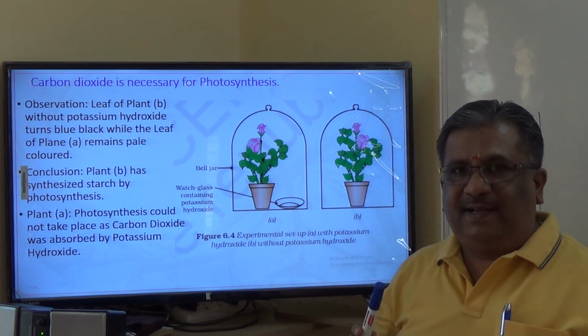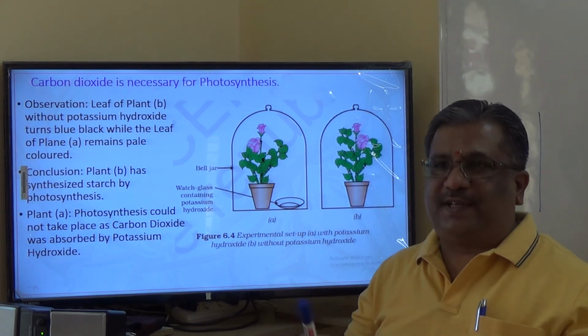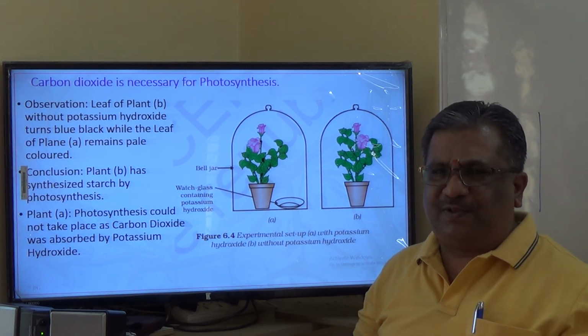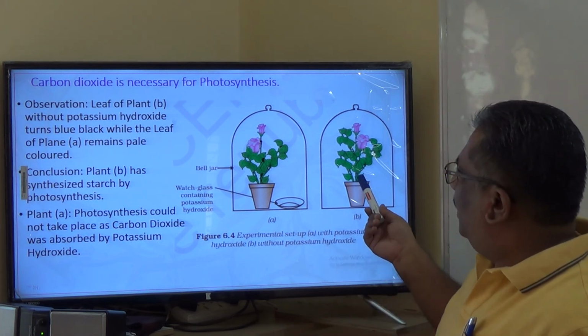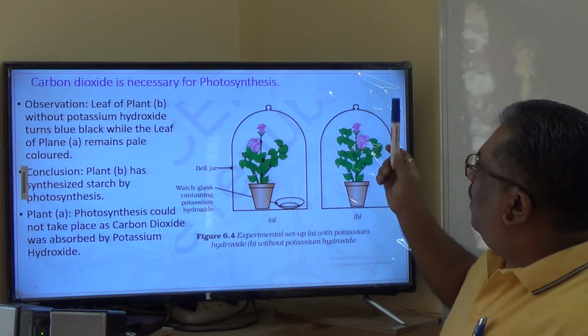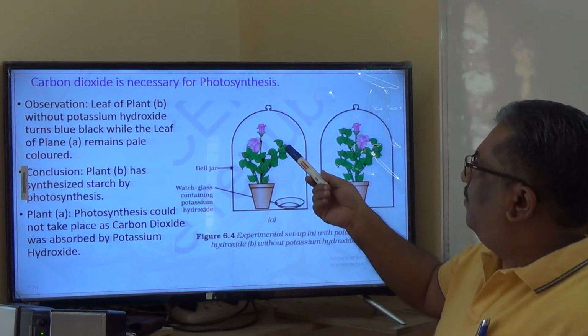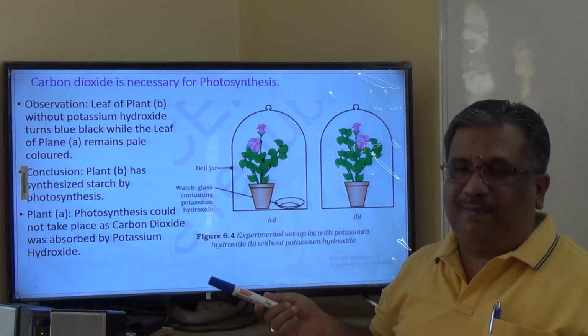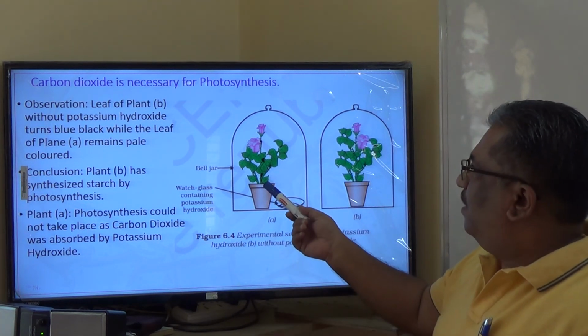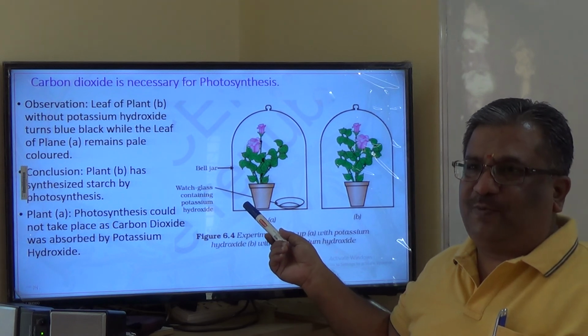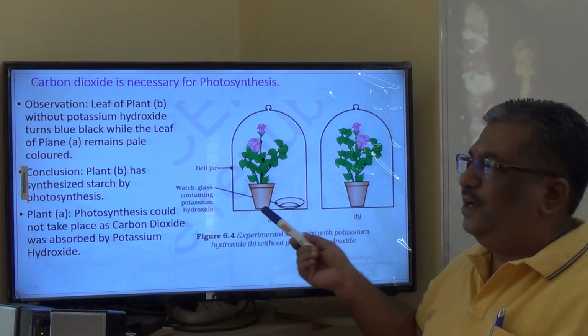In the presence of sunlight, it has prepared glucose, which is stored as starch, basically polymeric glucose. Therefore when it is subjected to the iodine test, this will turn blue-black, whereas this will not turn blue-black, meaning here no photosynthesis took place, no starch is produced.